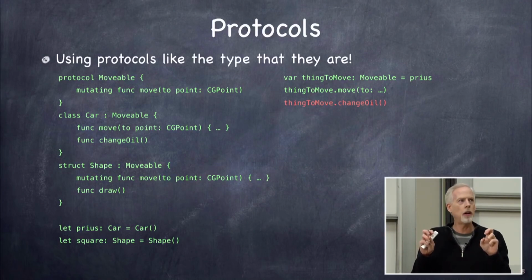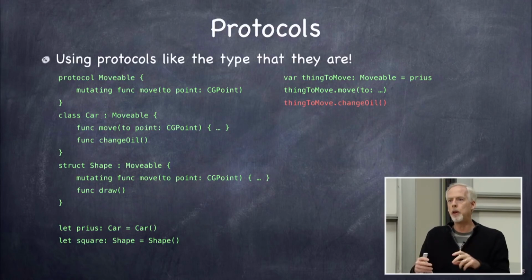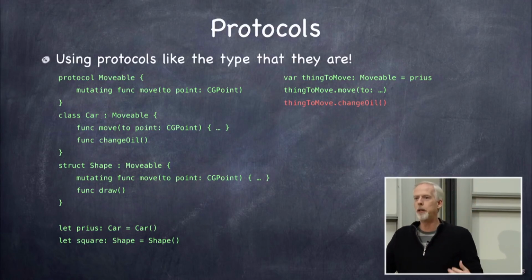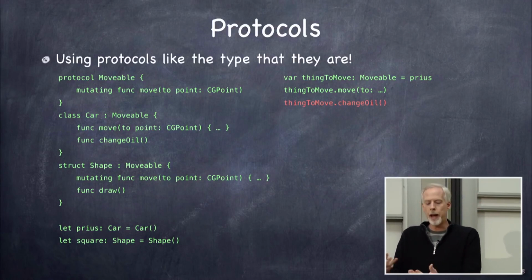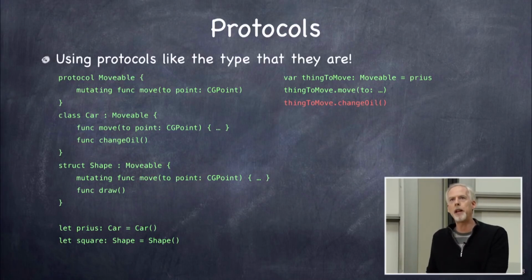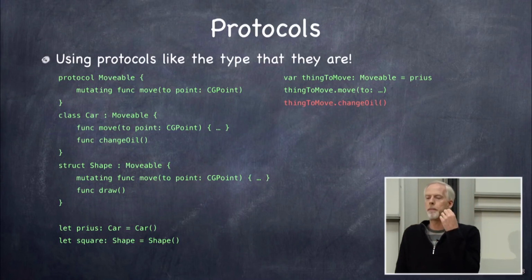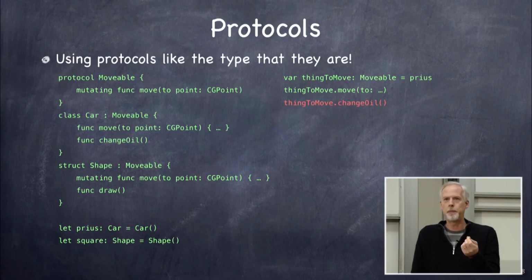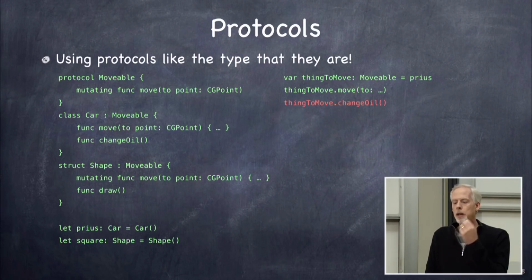It's not a Car, it's a Movable. So even though the car that happens to be in that variable can do changeOil, I can't send it. Swift will not allow me to send that message because thingToMove in Swift's mind is just a Movable. The only thing Swift knows that it can do is moveTo. Right? So this is the most important thing on this entire slide, that red thing. You cannot do changeOil if you have a var which is of type Movable.